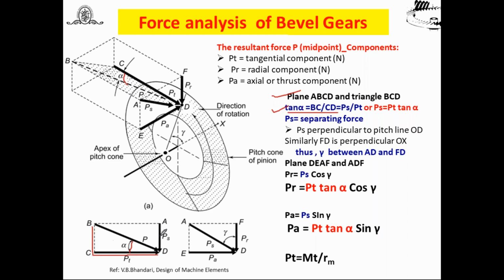But what is BC? It is the separating force PS. So PS upon PT, or arranging the terms, PS is equal to PT tan alpha.